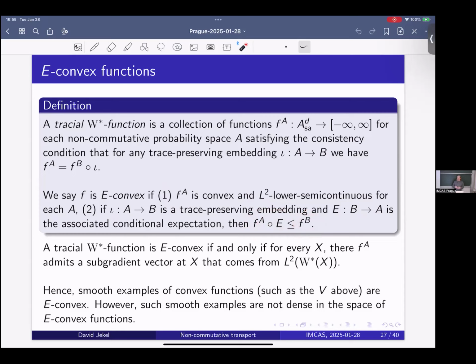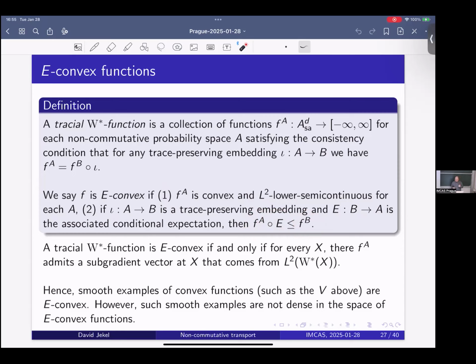And you should think of this like Jensen's inequality. Jensen's inequality says that the expectation of a convex function is greater than or equal to the convex function of the expectation. Right? And this is one condition that we want in the definition. So we defined these E-convex functions in this way, and these functions can be used in this duality.